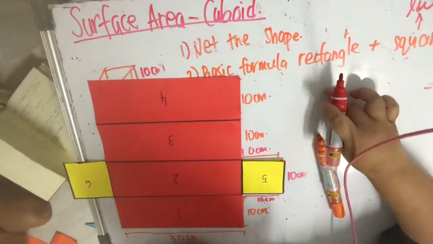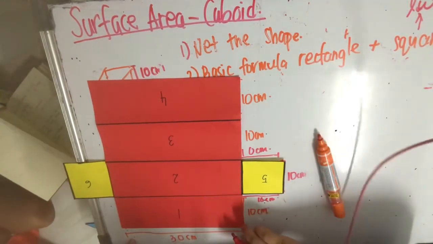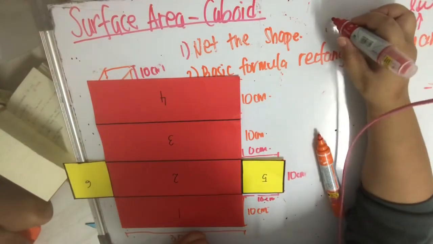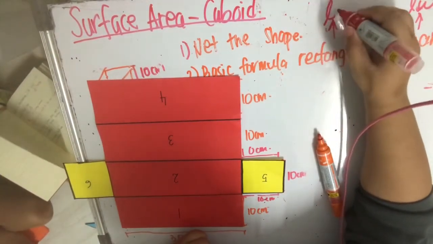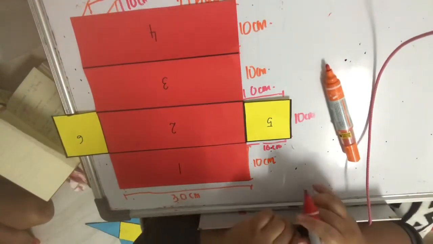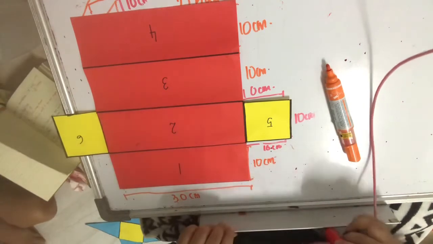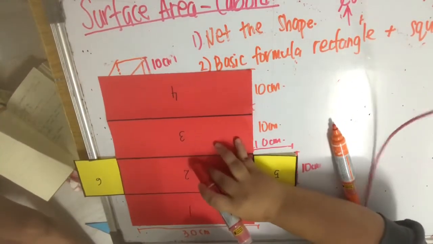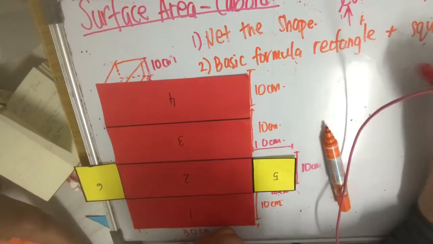The same also with a rectangle, it will be the length times the width or the height. What makes it different when you calculate is just the numbers you key in. So this is the second step, the basic formula.